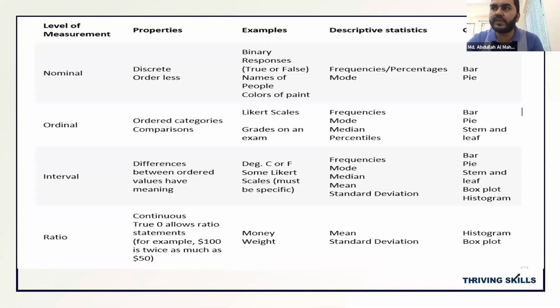Another example: suppose you are collecting data from respondents on their height, weight, or the number of miles they travel. All these are actually continuous data, but you can convert them to discrete also.